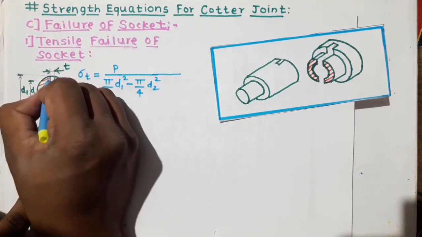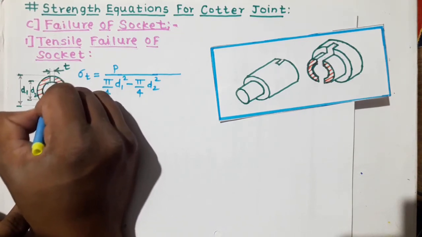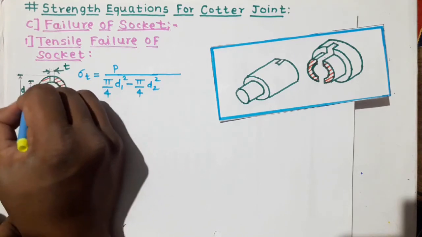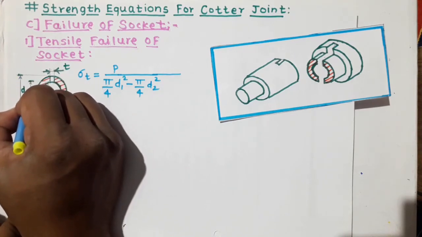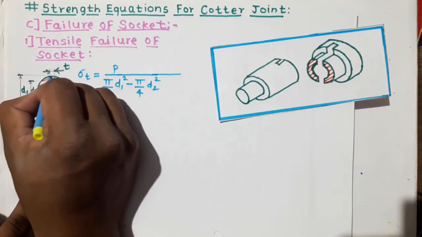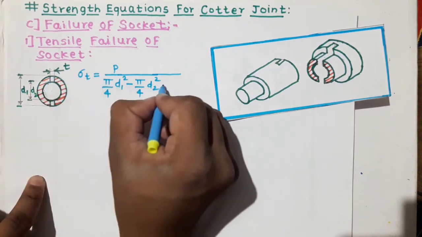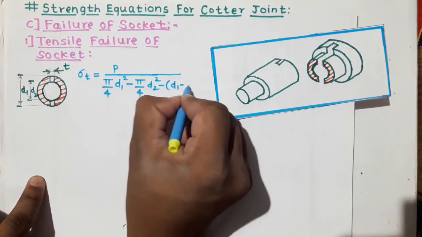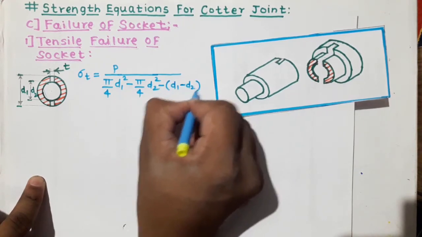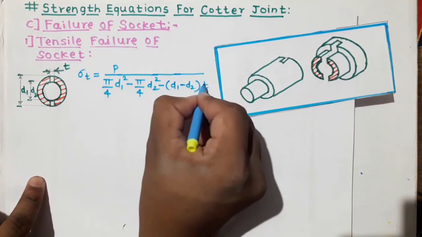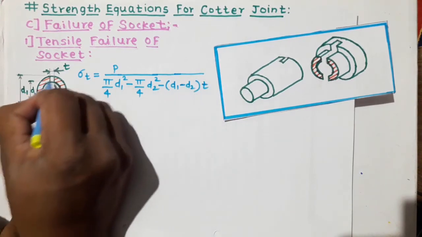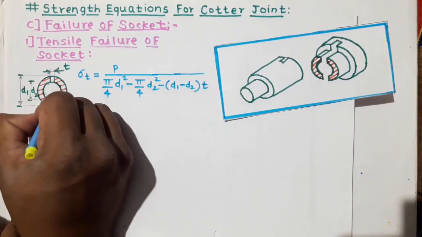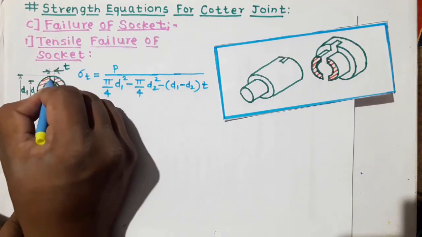If you find the total height of this slot, it is d1 minus d2, and the width of this rectangular area is t. So we can write minus d1 minus d2 into t. Here d1 minus d2 is the addition of these two sides, into thickness t, which gives us the total area of slot.